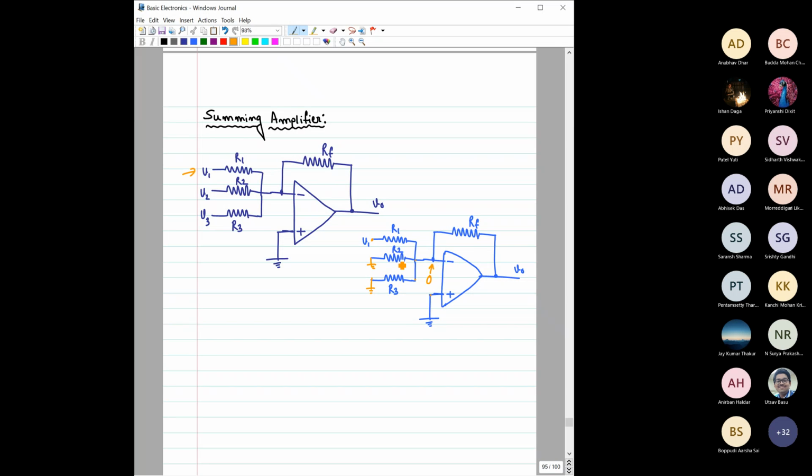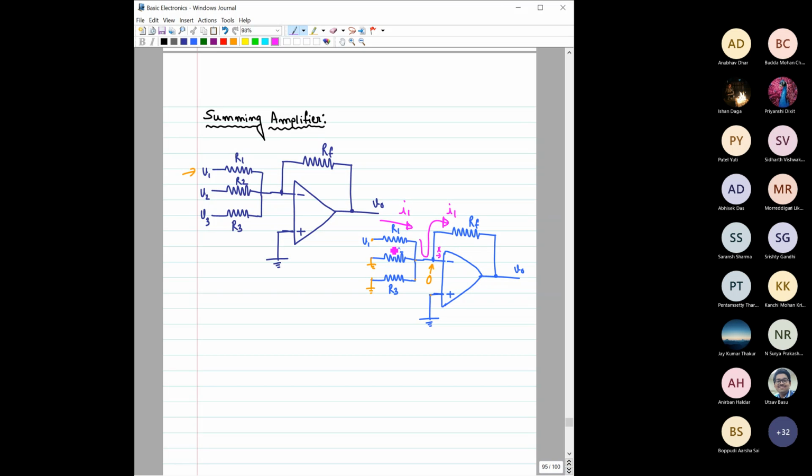That means for the resistances R2 and R3, both terminal potentials are 0. So no current can flow through R2 and R3, right? The current can only flow through R1, and that current cannot go inside the op-amp, and cannot go to R2 and R3. So the same current has to flow through RF only. If I say this current is I1, then the same I1 current will flow through RF.